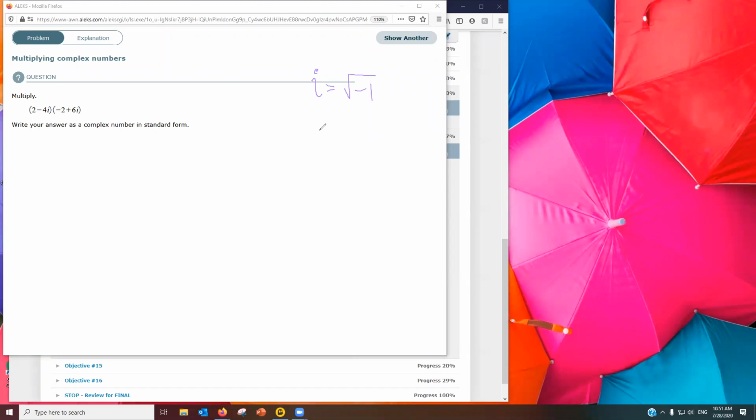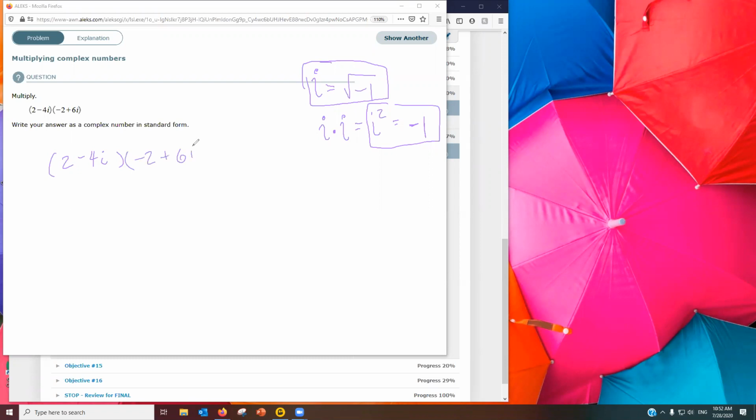It turns out if you end up with i times i, well, that's really i squared. That works out to just be negative 1. Okay, so i is the square root of negative 1, and i squared is equal to negative 1. These are on the reference packet in case you forget. All right, so let's go do this multiplication.